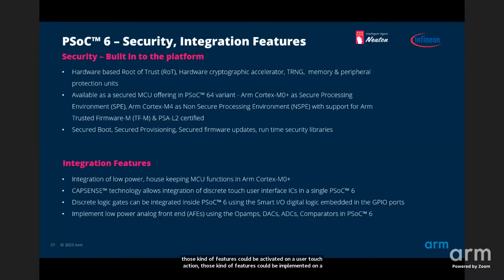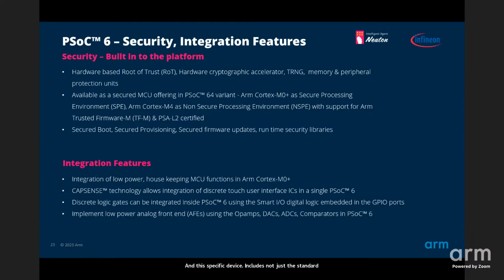And we also integrate some of the discrete logic gate functionality using what is called the smart IO that's embedded into a GPIO fabric. That way, you could perform combinatorial operations like logic AND, OR, XOR within the device itself instead of using discrete chips outside. And this specific device includes not just the standard ADC and comparators, it also has the DACs and op-amps built in.